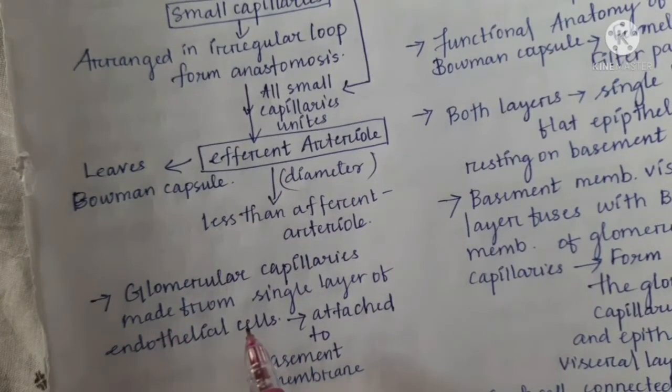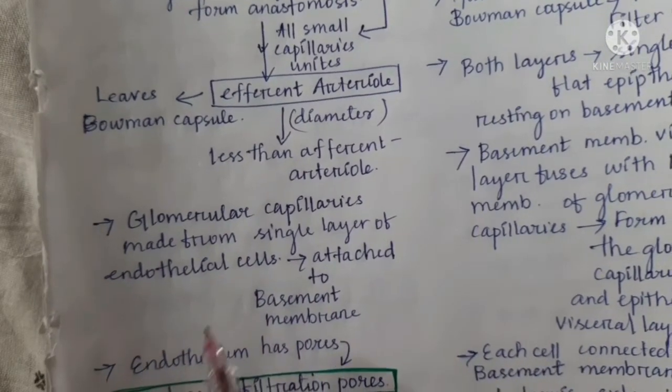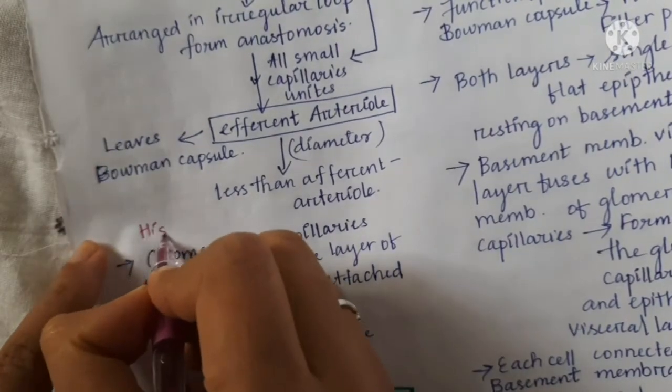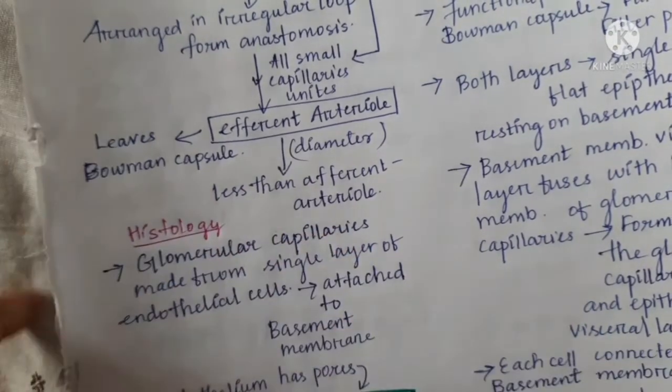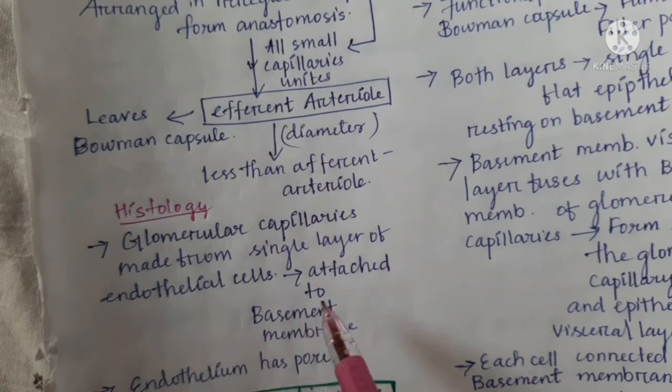Then glomerular capillaries are made from a single layer of endothelial cells attached to the basement membrane. This comes under the histology of glomerulus. These endothelial cells are attached to a basement membrane.